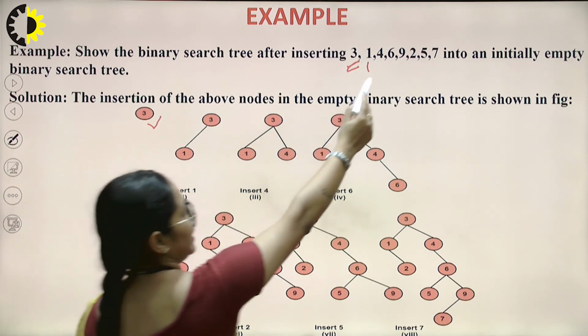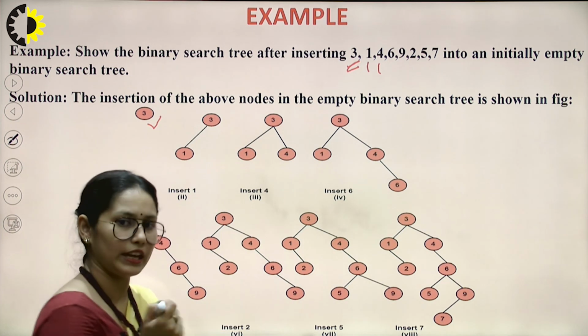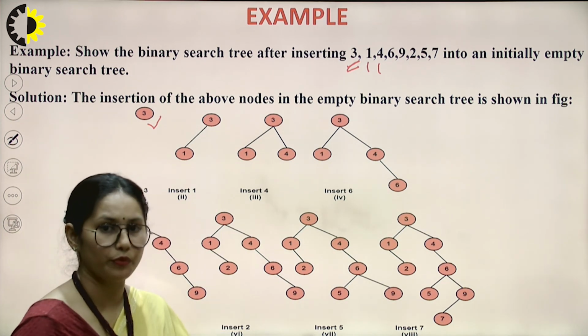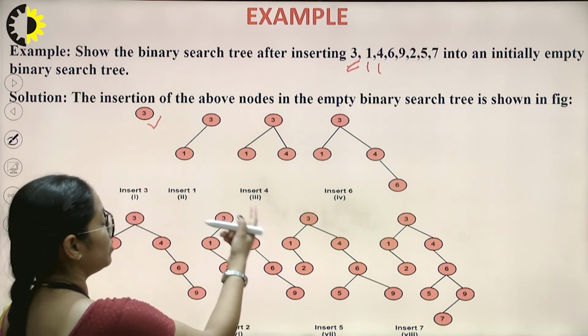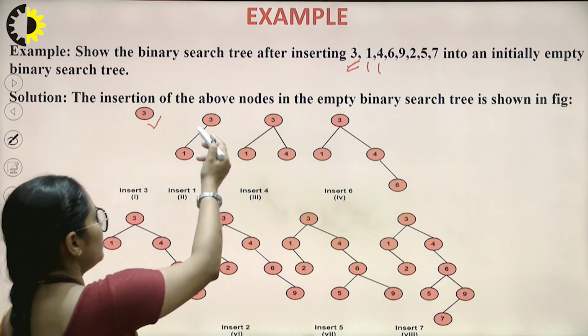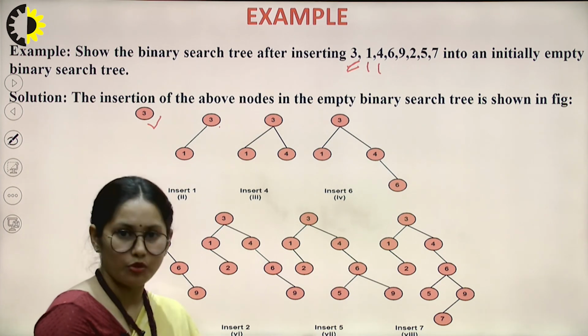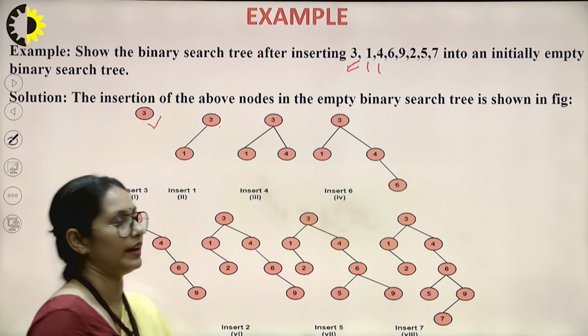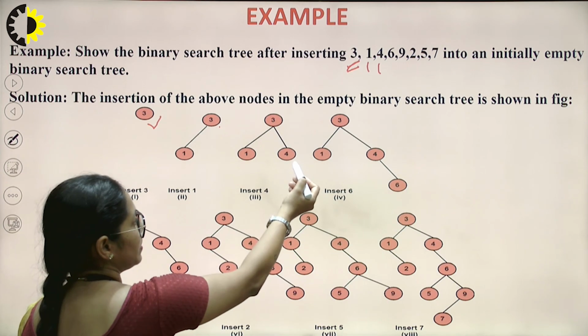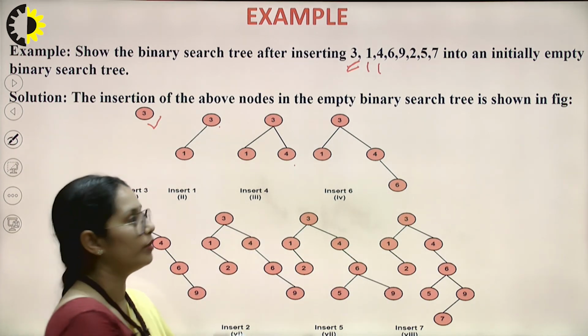Now what is the next number? That is 4. Again I compare 4 with my root node. The root node here is 3, and 4 is more than 3, so I go to the right-hand side. So 4 will be inserted on the right-hand side. Now what is the next value?